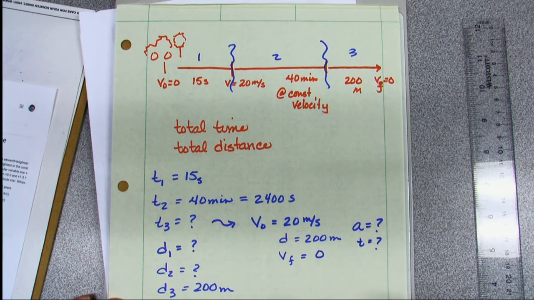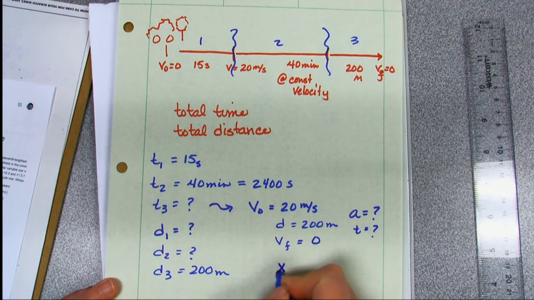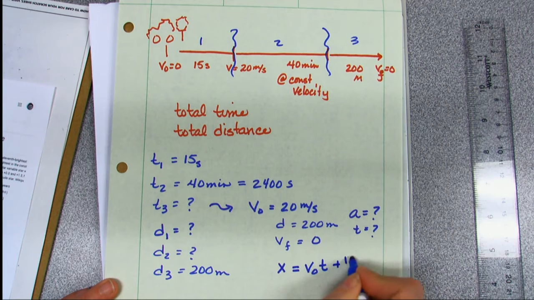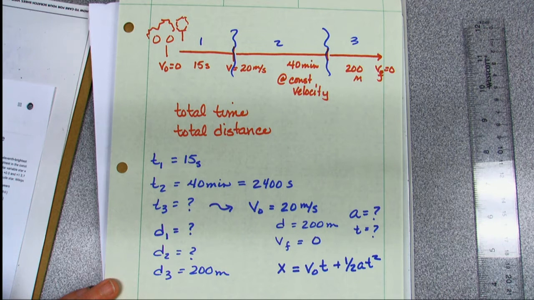So I have a couple of equations. Position equals v naught times time plus 1/2 a t squared. That one's not going to help me at all. I've got v final squared equals v initial squared plus 2a change in position.